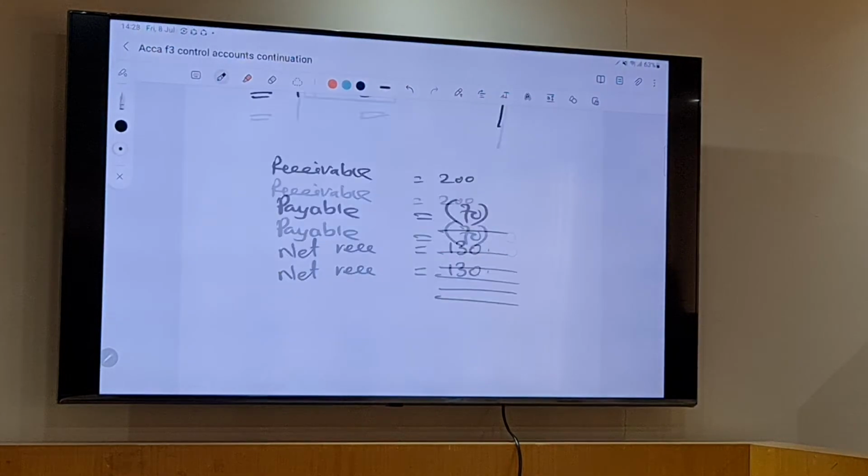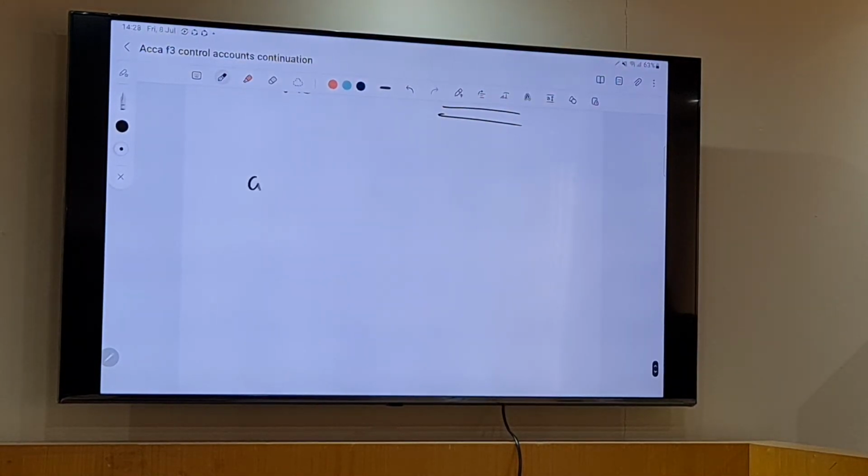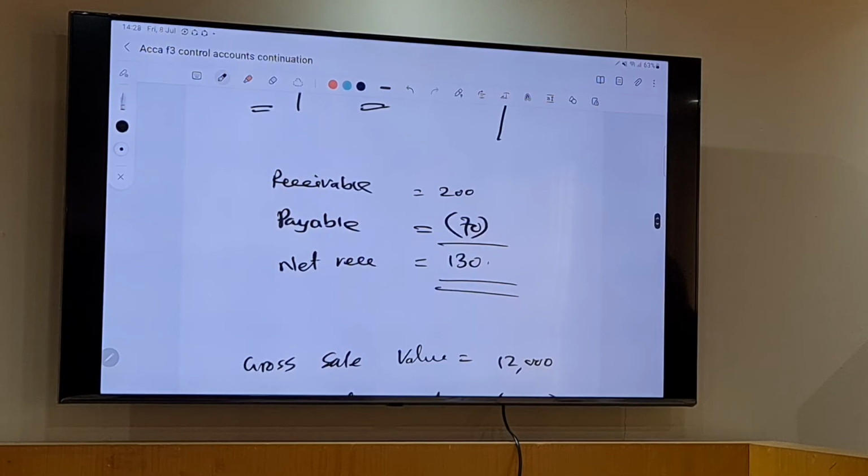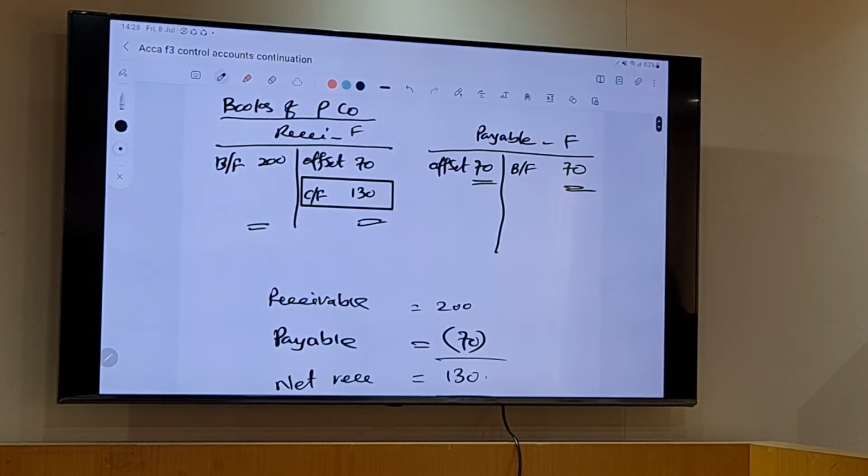Gross sale value 12,000. Trade discount. Please write the page number, 243.